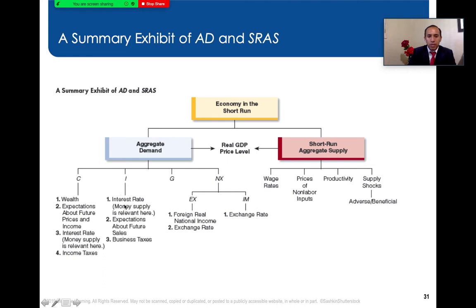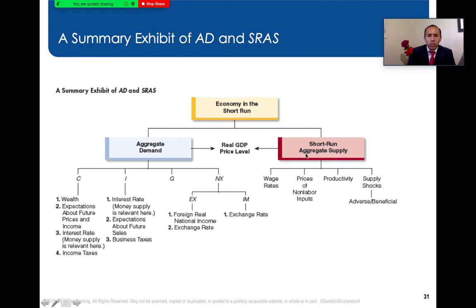Investment is affected by the interest rate, expectations about future activity, and business taxes. Government policy making, government spending, government development, government projects, and so on can stimulate aggregate demand. The net exports are part of the foreign sector, and exports and imports are also affected by the exchange rate markets.